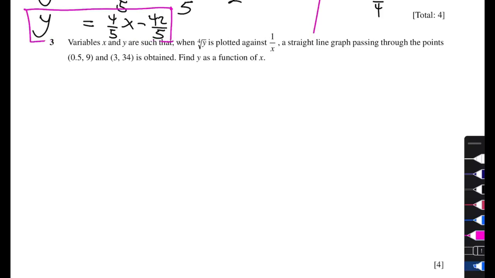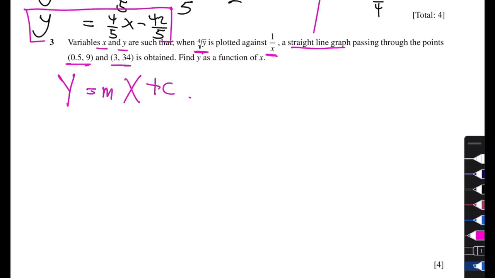Question number 3 says that variables x and y are such that when you plot this against this, a straight line is obtained. Okay, this straight line is passing through 2 points. All right, so if it's a straight line that has been obtained, then we can write it as big Y is equal to m big X plus c.